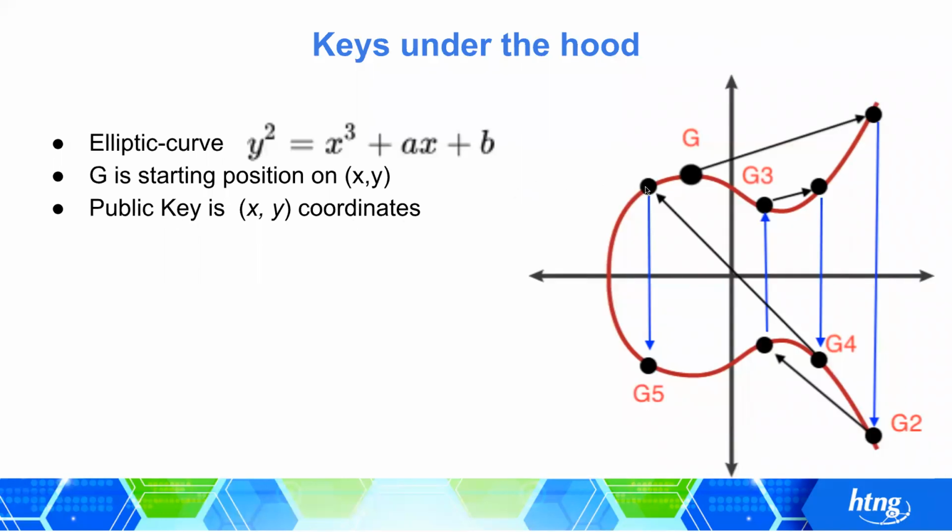As you can see, the public key will be generated like a lot of points, like G1, G2, G5 on the elliptic curve. And this operation can't be reverted to the start position. Only the owner of the private key can generate the public key, but it can't be reversed. It's a simple comparison to understand this math, a basic understanding of the math behind the generation and creation of private and public keys.